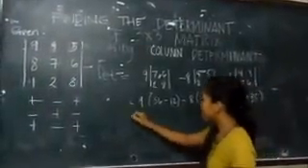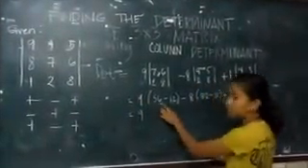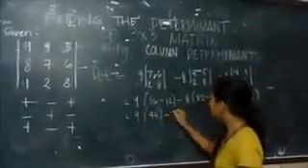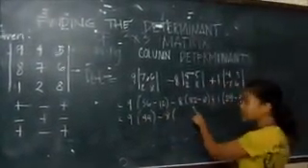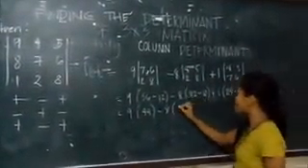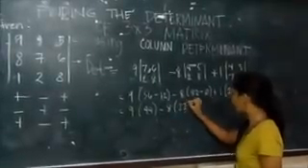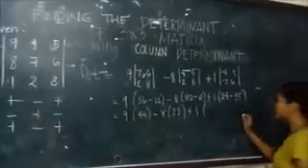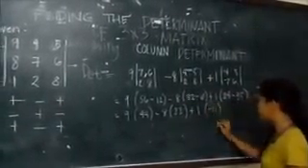Then 56 minus 12 is positive 44, minus 8 times 32 minus 10 is positive 22, plus 1 times 24 minus 35 is negative 11.